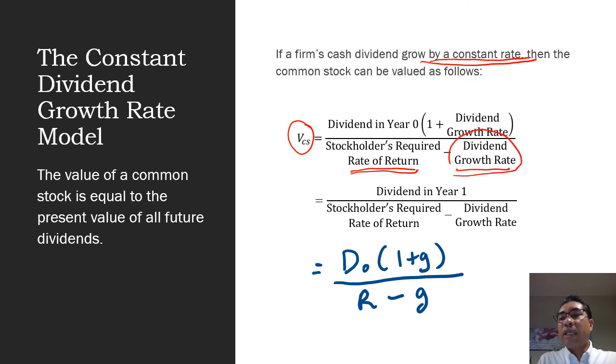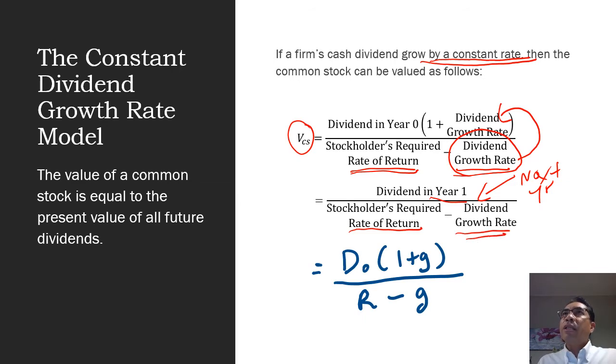Remember that this formula means you are dividing the dividend in year one, the dividend next year, over the stockholder required rate of return minus the dividend growth rate.